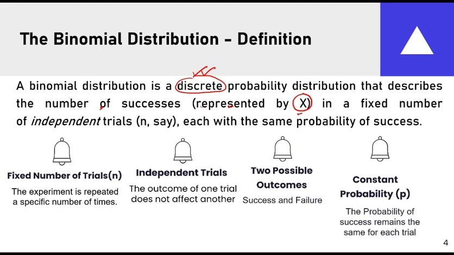That means in this example of tossing of a coin, your n is equal to 8. And your number of successes is x. That means you want to find out 5 successes out of 8 trials. And your probability of success, if you assume that the coin is fair, then the probability of head is half, tail is also half.